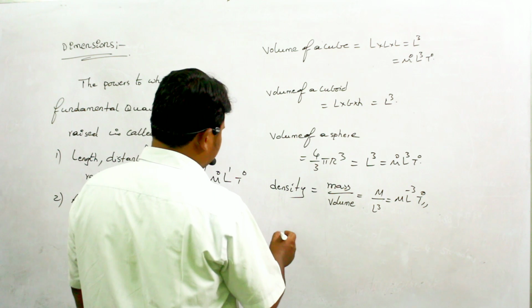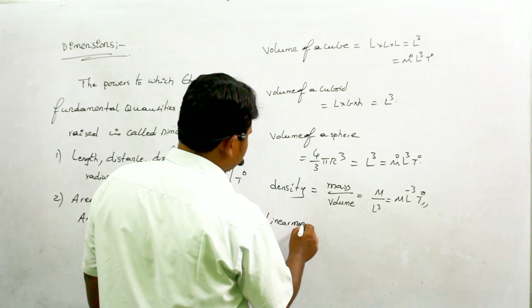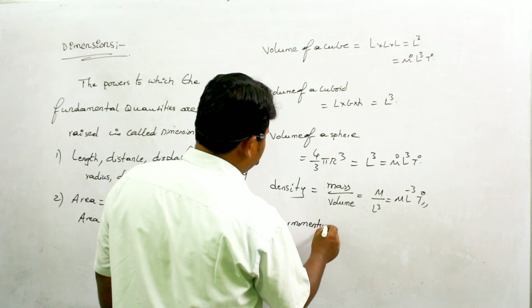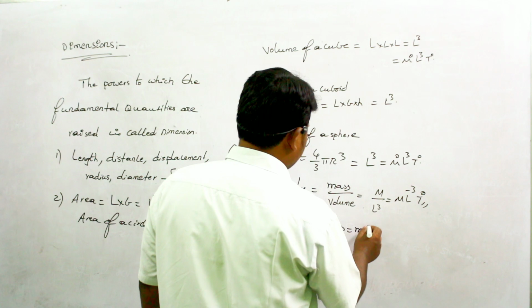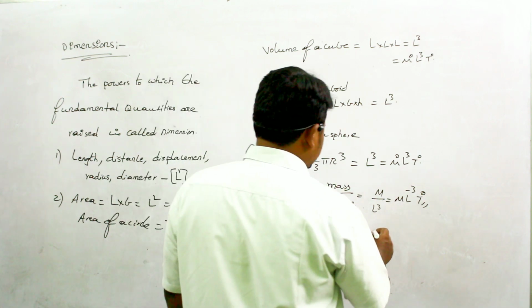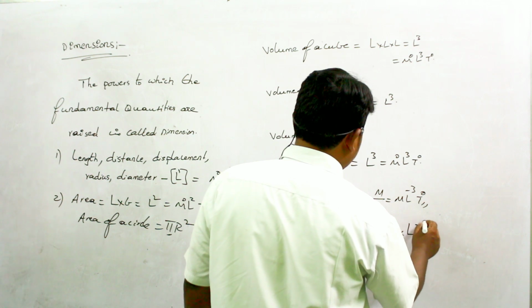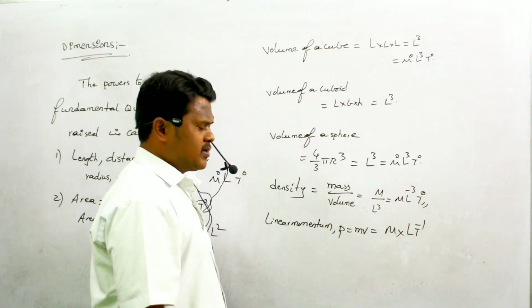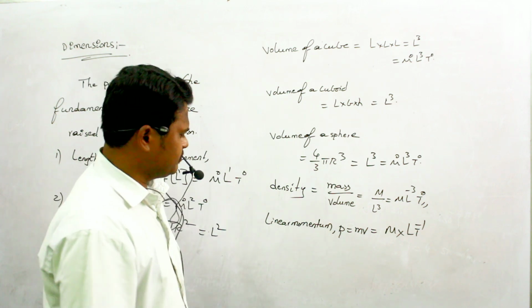Similarly, if I take linear momentum, then P is equal to M into V here. So I can write M into velocity, which can be written as L T power minus 1. So M L T power minus 1 will be the dimension of momentum.